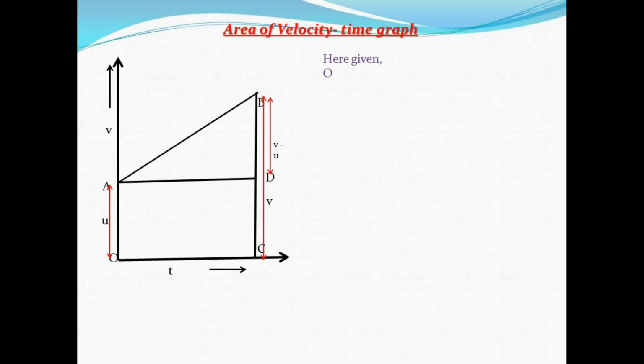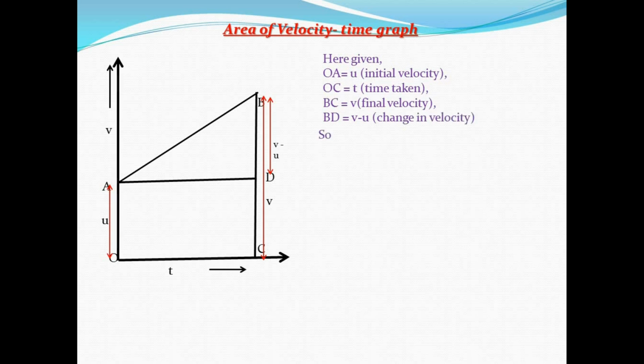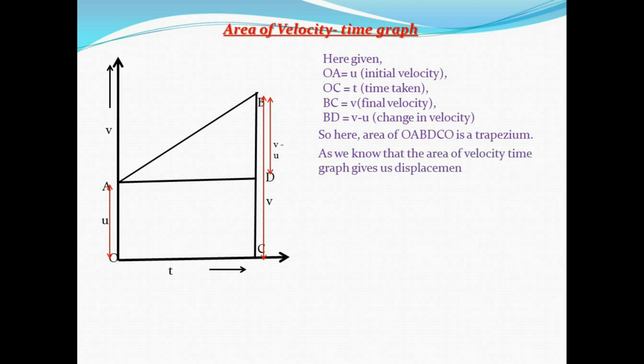Next, we will be moving towards our third and last equation of motion. Having the same given data, here we have the area of trapezium OABDCO.